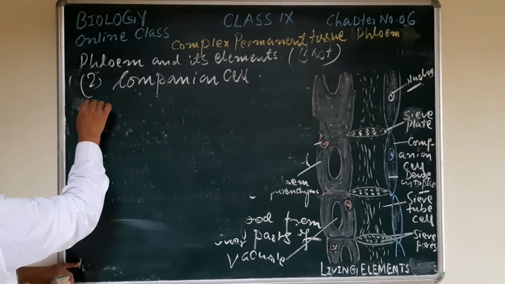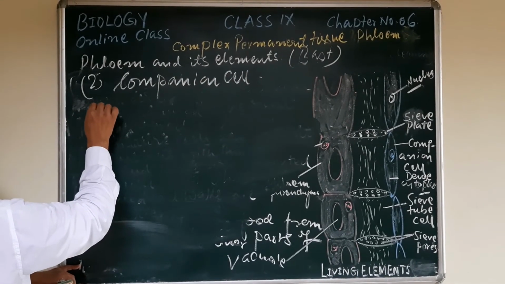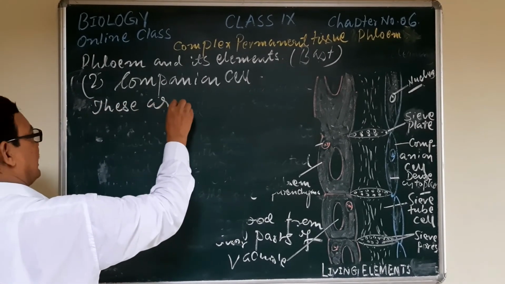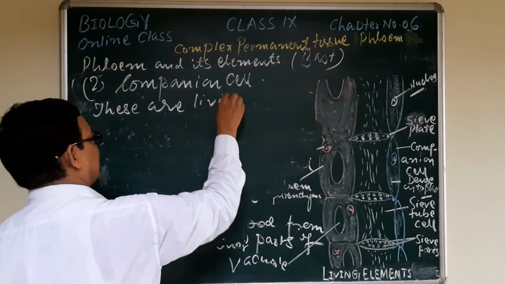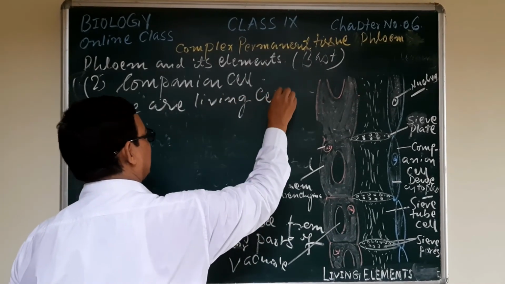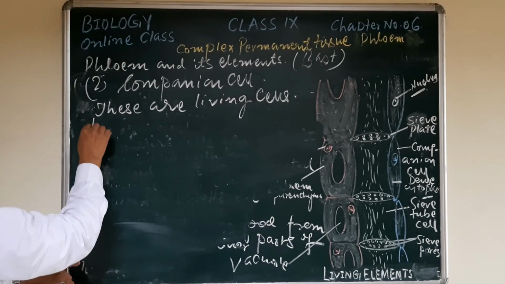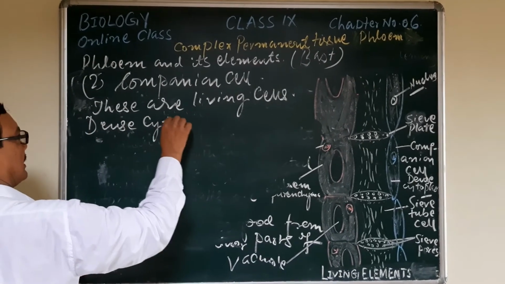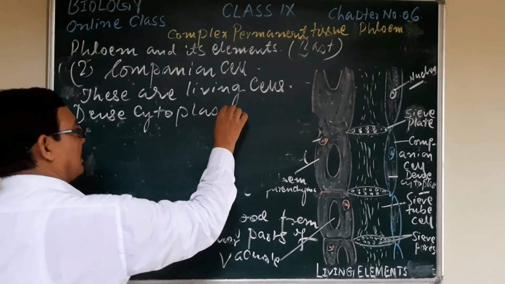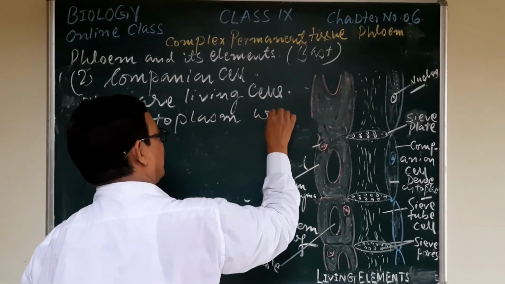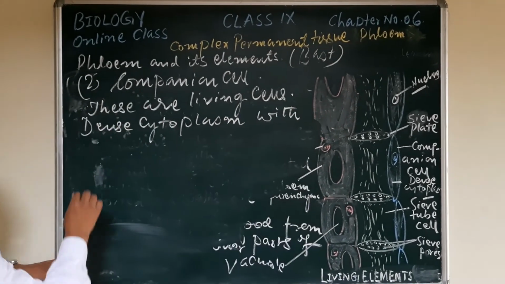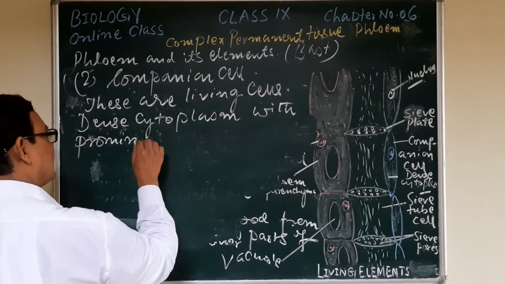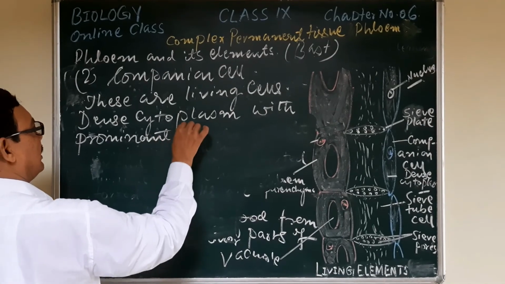You may write a short note on the companion cell: these are living cells with dense cytoplasm and a prominent nucleus.